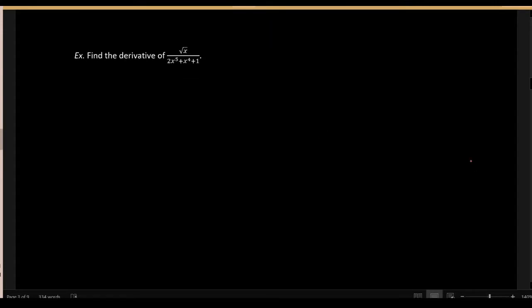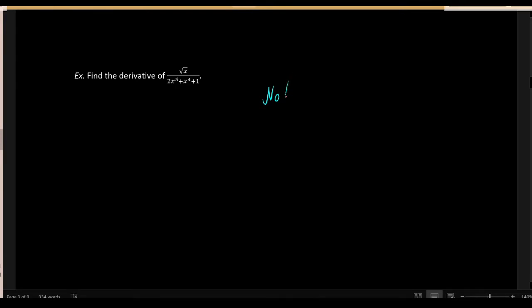Let's find a derivative of the fraction. Note that this square root of x term is equivalent to x to the power 1/2. So when we find the derivative of this, that can be found using the power rule. Now we have a quotient here.